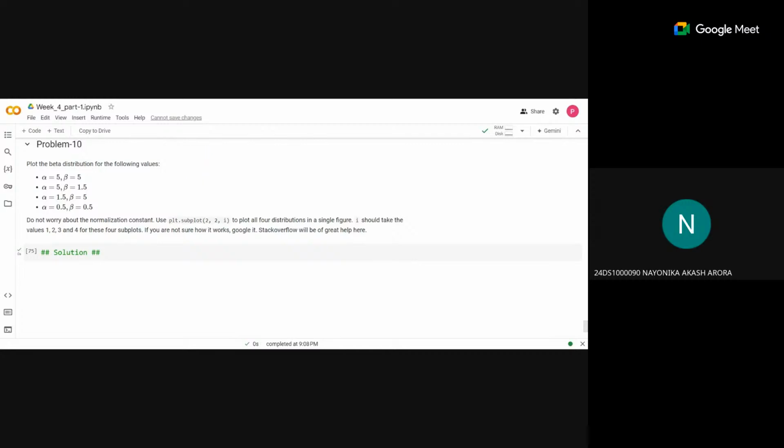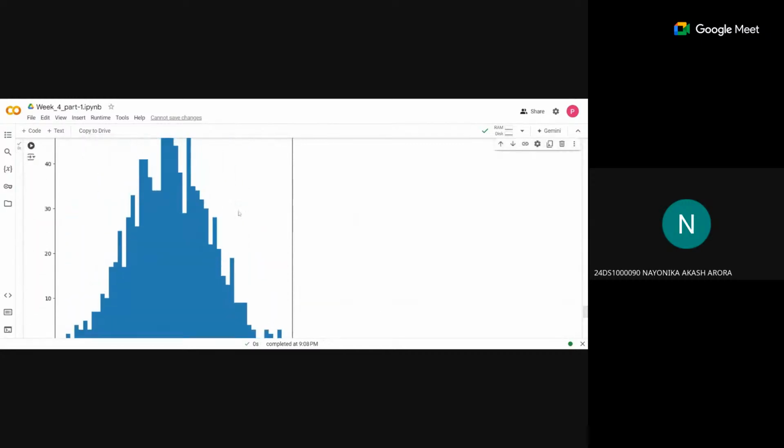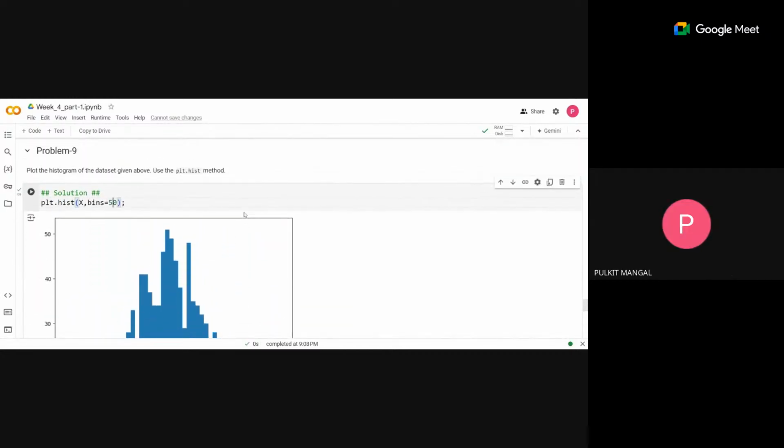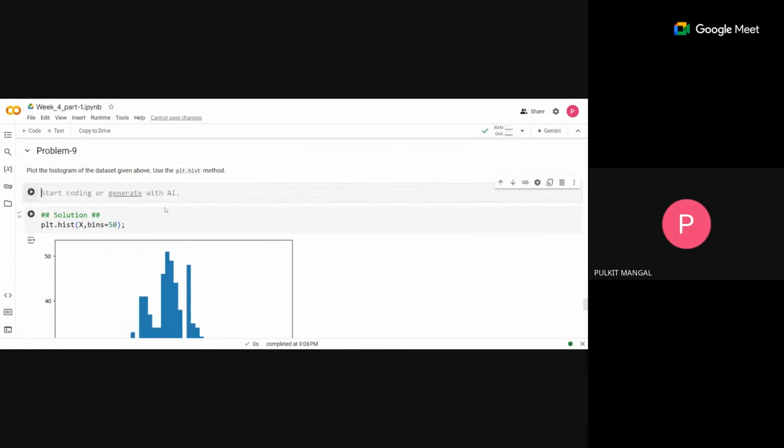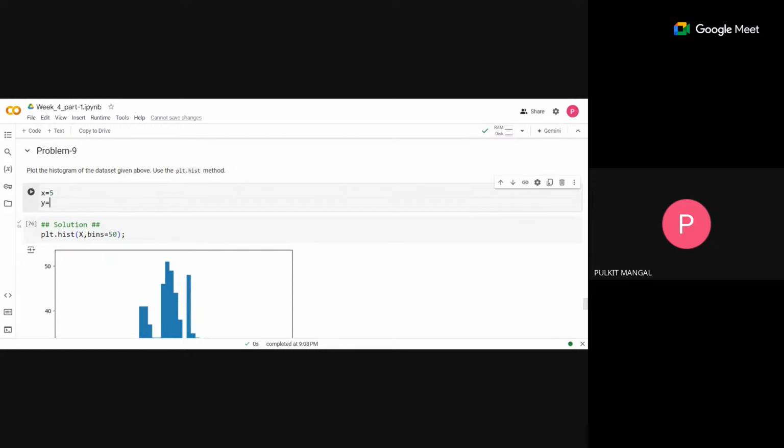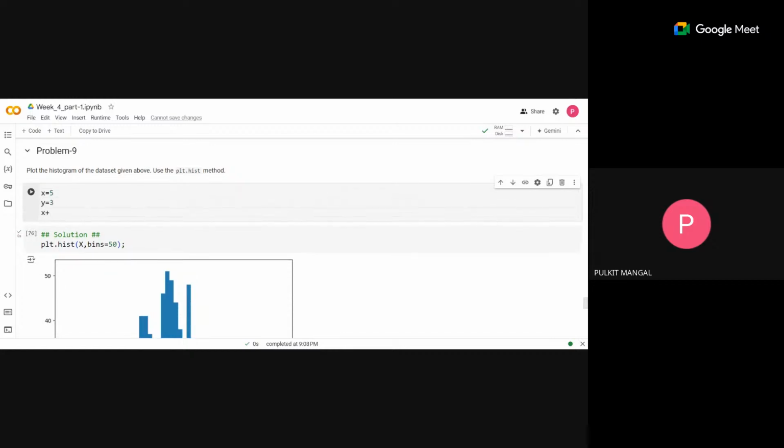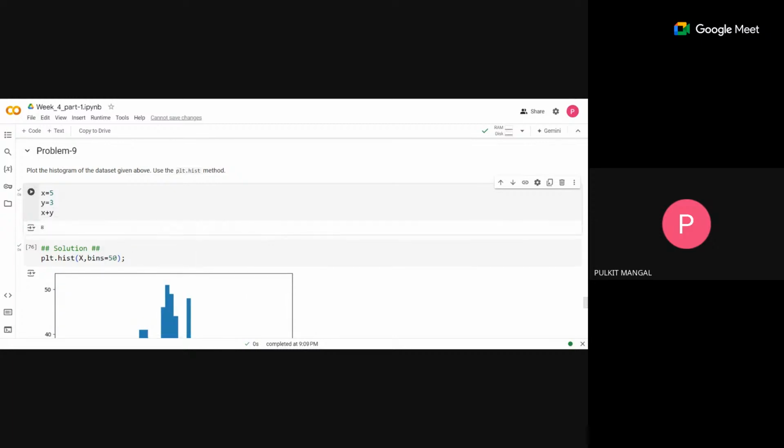Sir, can you repeat what you said about the semicolon? Okay. See what Colab does: let's say you are doing x equal to 5 and y equal to 3, and you just type x plus y. Colab will print the output of the last line of your code cell automatically.